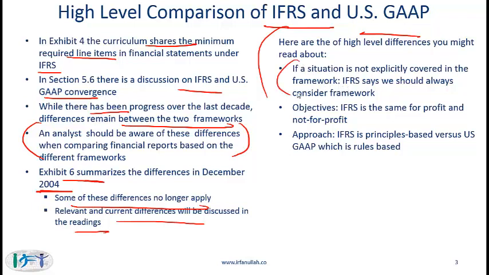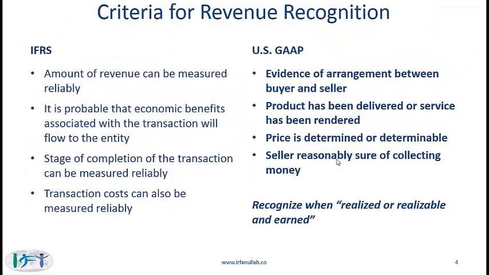So that's one high-level statement that you might see. Another point is that IFRS is the same for profit organizations and not-for-profit organizations, whereas US GAAP gives you different guidelines. Another comment says that IFRS is principle-based, whereas US GAAP is rules-based. So you see these items, but I think that this is not something that is overly testable.